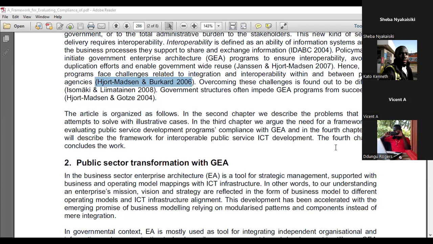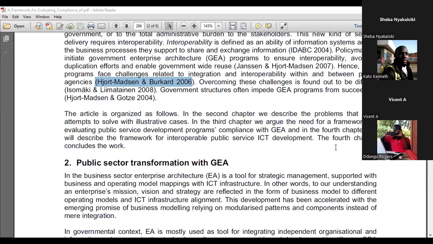Now you talk about something like TOGAF. TOGAF is actually a framework that was developed within the field of enterprise architecture. It's an established framework, and it's a tool that can be used to align, to look at interoperability and so on.